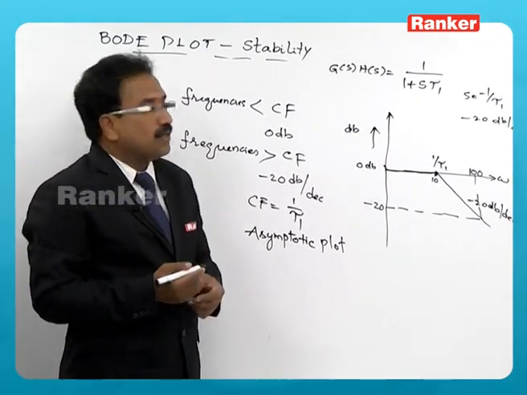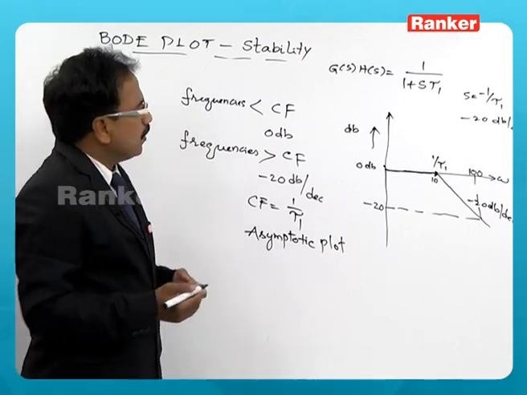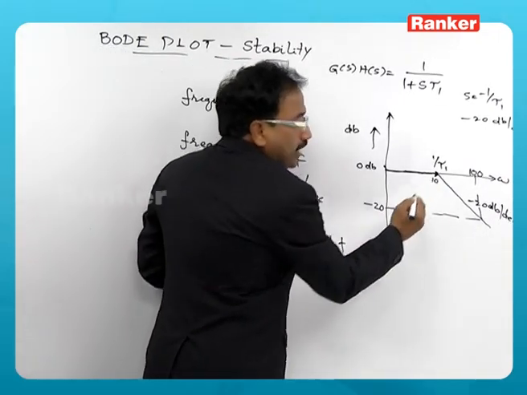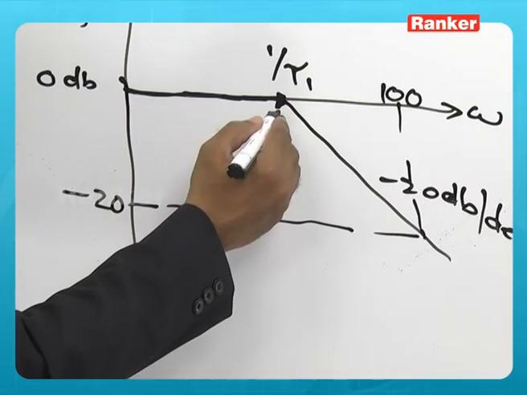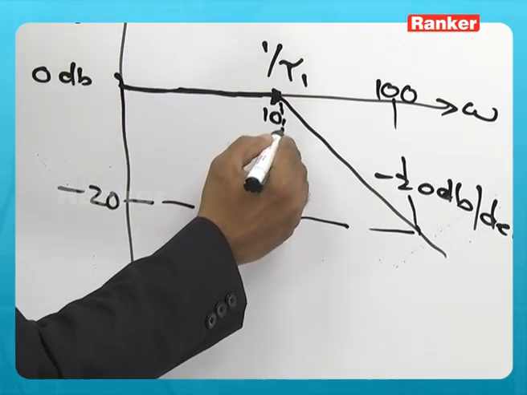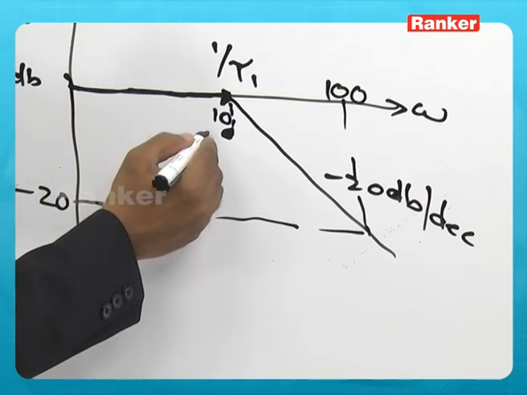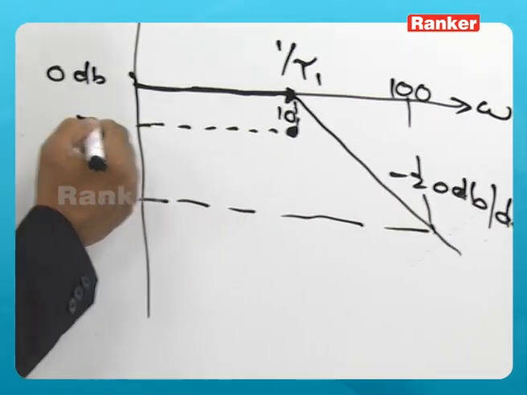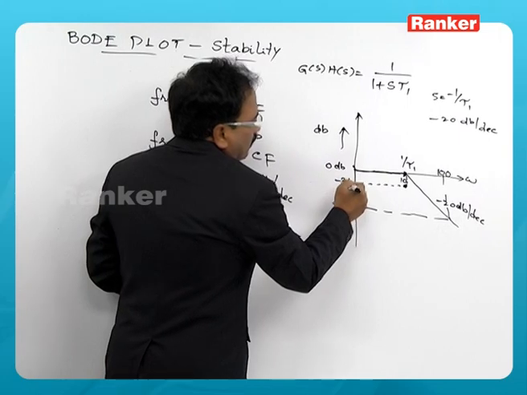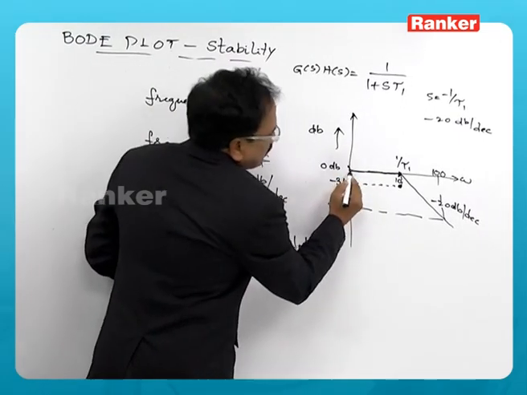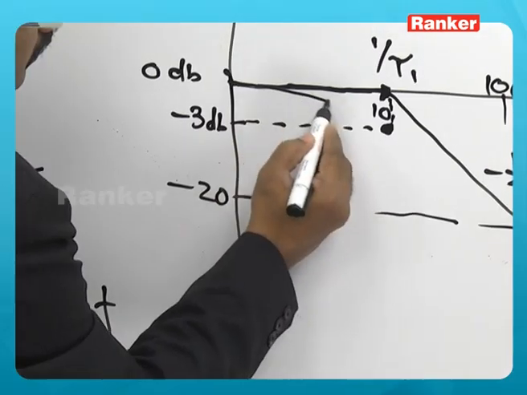So, if you construct the exact plot, the change in the plot is that at the corner frequency there will be a magnitude of minus 3 dB. That means the actual plot will be like this.